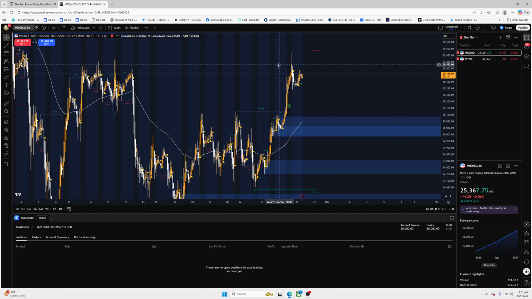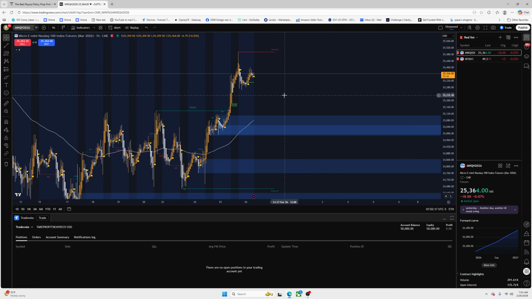Basically broke above our previous highs and created this super tall wick up here, creating that weak high up here. Came down a little bit. I'm thinking maybe for a retest, possibly. I feel like I would probably need more market structure to see where it's gonna go.